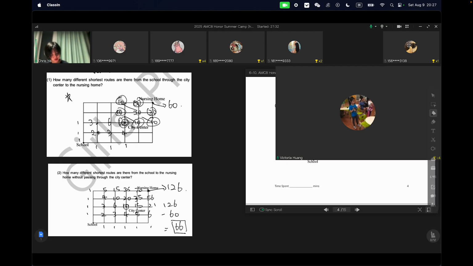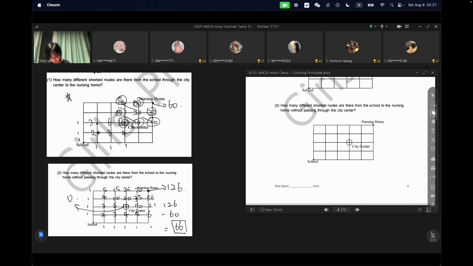But actually, there is a way to use this without drawing the first diagram. You can just mark the study center as 0, because you're not going to pass through it. So there are 0 ways for you to get to the study center, and you can just add it up using the same method. Okay, thank you. Okay, no problem.